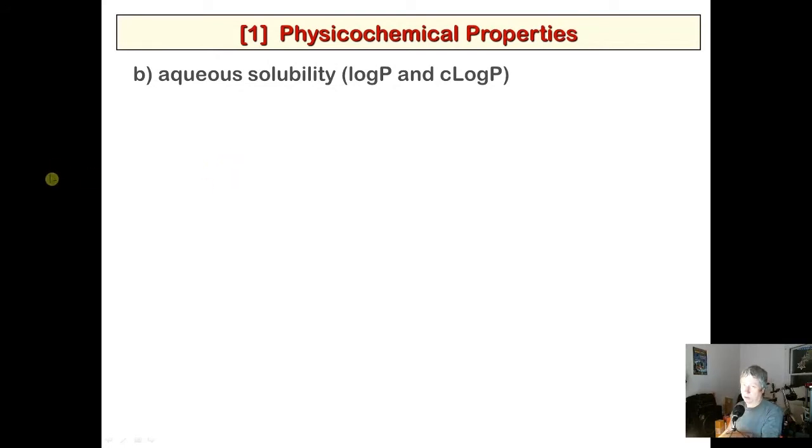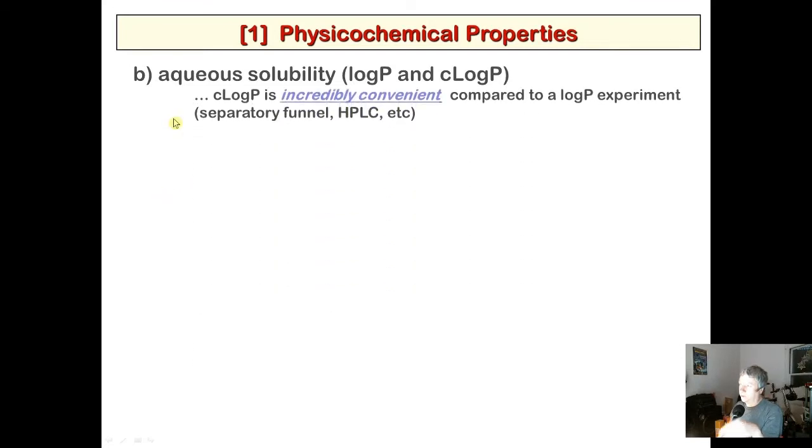Okay, so more on log P and C log P. C log P is incredibly convenient compared to doing a log P determination with a sep funnel, or there's some microscale ways of doing it. But you may need to use HPLC or UV-Vis or some kind of analytical technique to determine how much is aqueous and how much is organic.